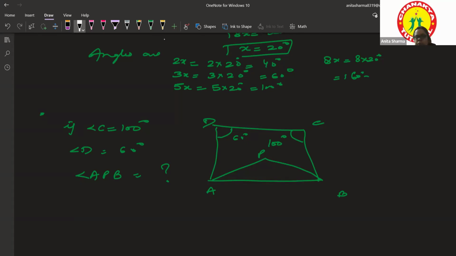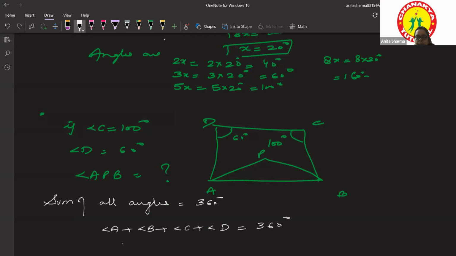So here what you will do, children? First of all, you will find the value of angle. We know that the sum of all angles of a quadrilateral is equal to 360. So angle A plus angle B plus angle C plus angle D will be equal to 360 degrees, right?